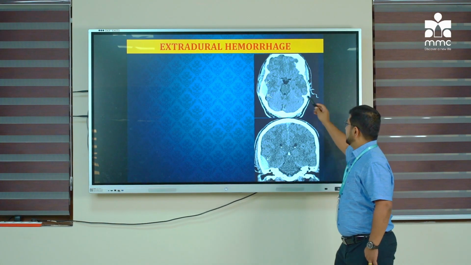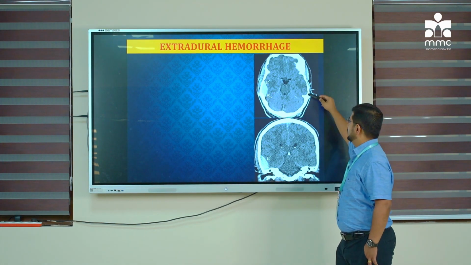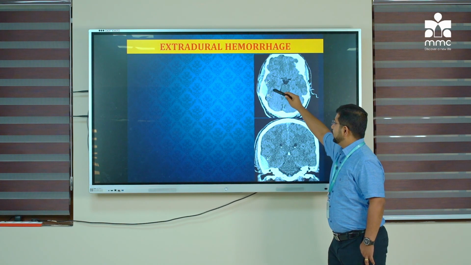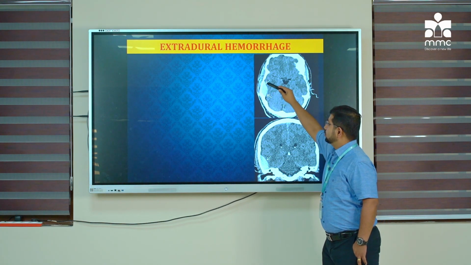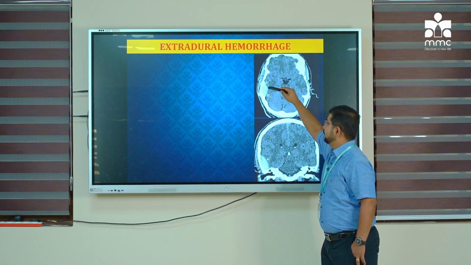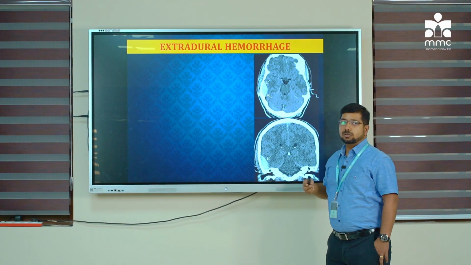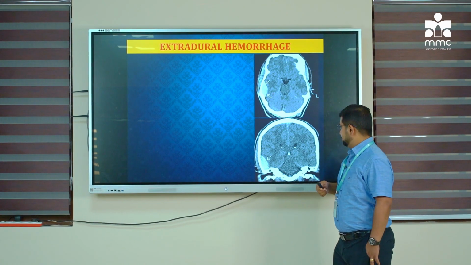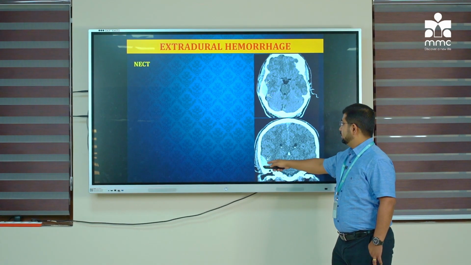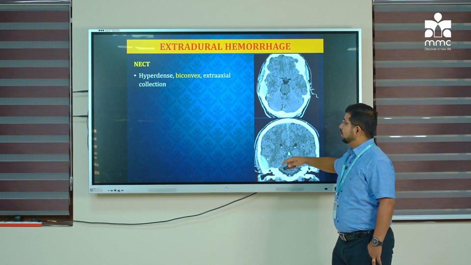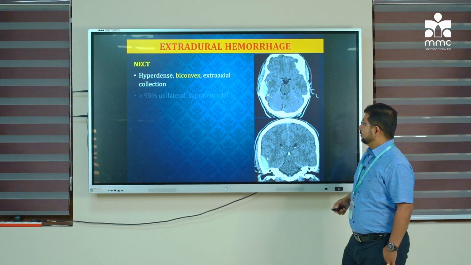This white structure we see is the skull. Then this bright structure which is biconvex in shape is called the extradural hemorrhage. Hemorrhage will be bright on CT. We can see the same thing here. This is the non-contrast enhanced CT.